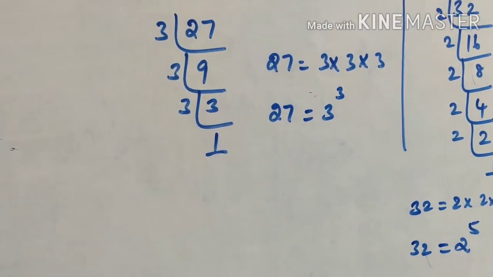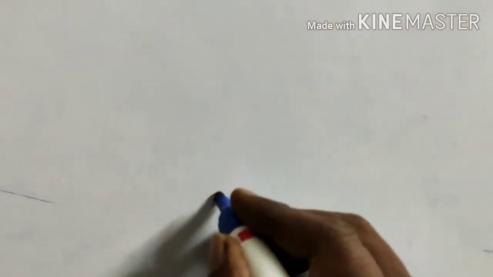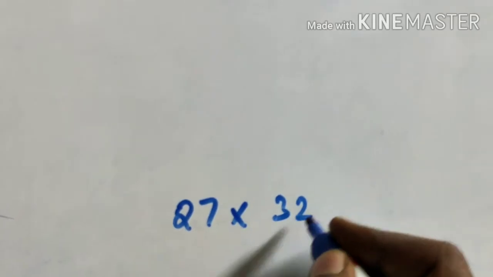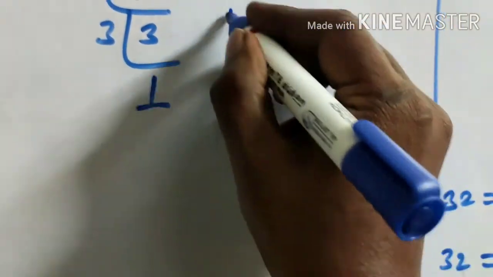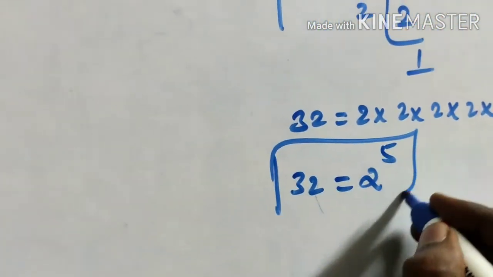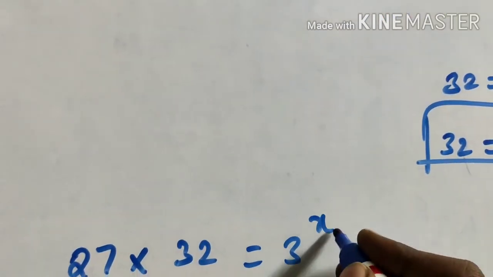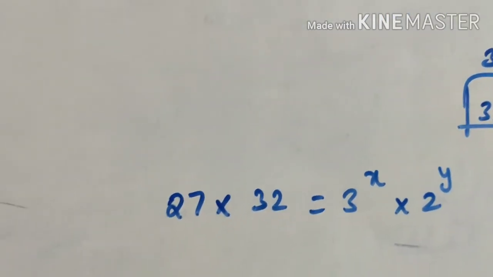Now 27 into 32. This is the question. Now we have to write the question: 3 power x into 2 power y.